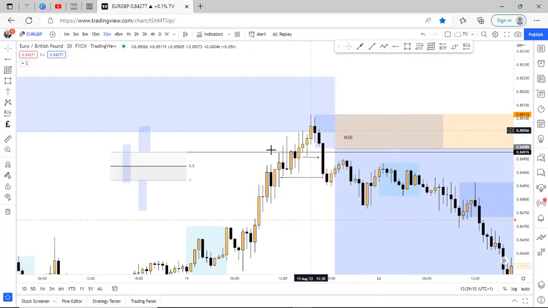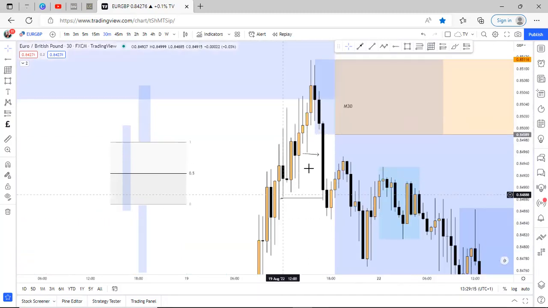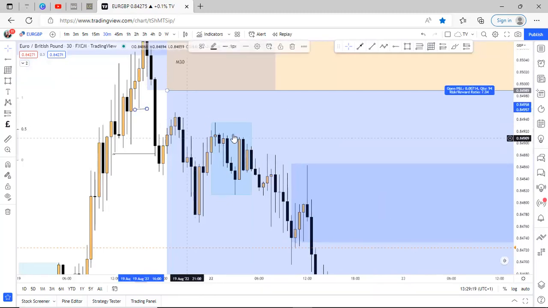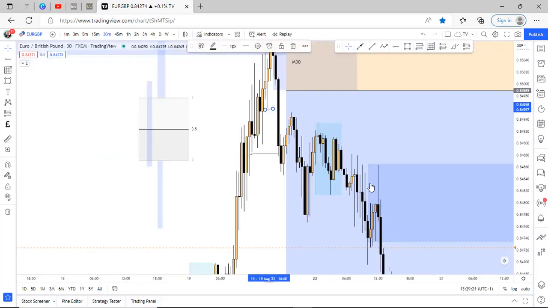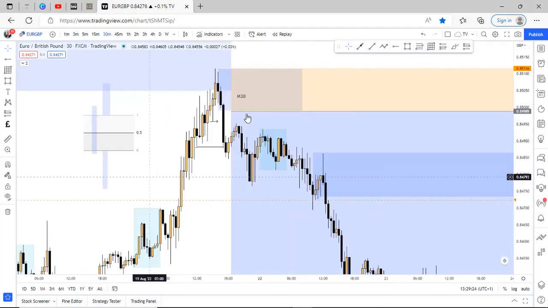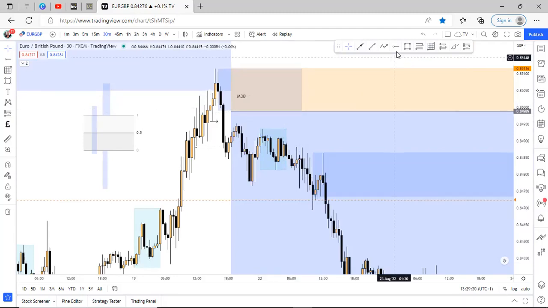So with that in mind, I was then thinking, okay, looks like this pair is already selling, and I might not possibly get an entry. So looking at this right now, let's see.